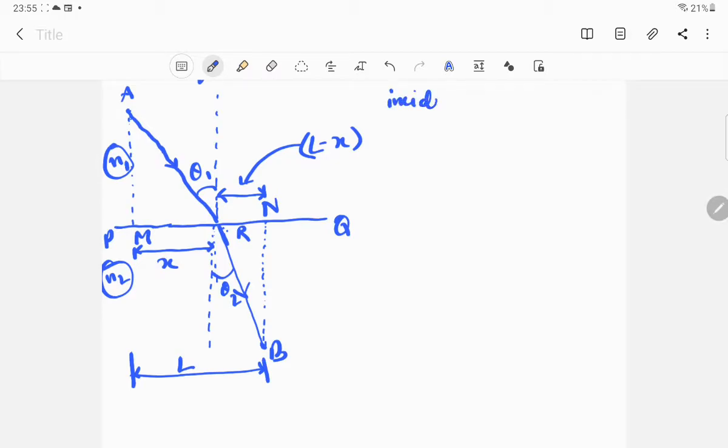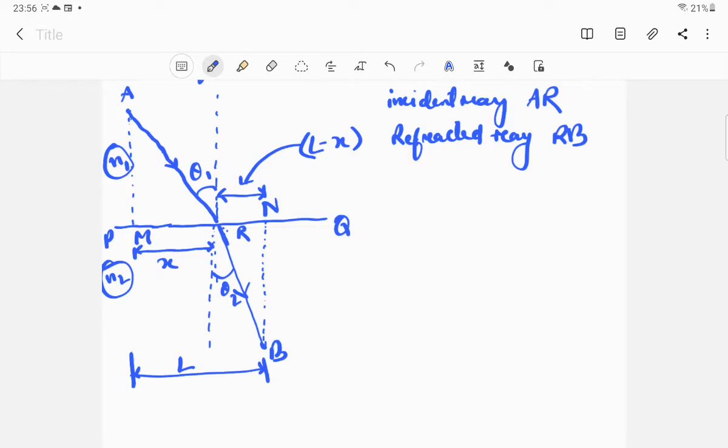So, incident ray AR, and then you have the refracted ray RB. Okay, and the normal at the point of intersection must lie in the same plane.